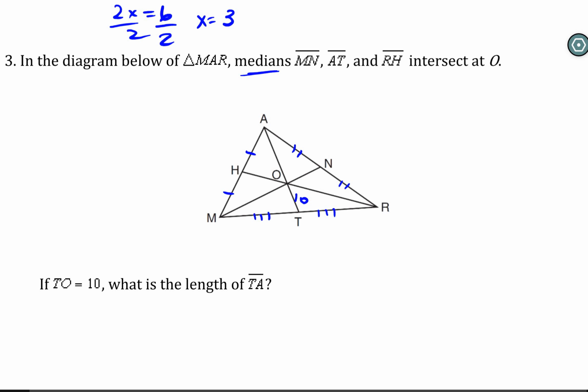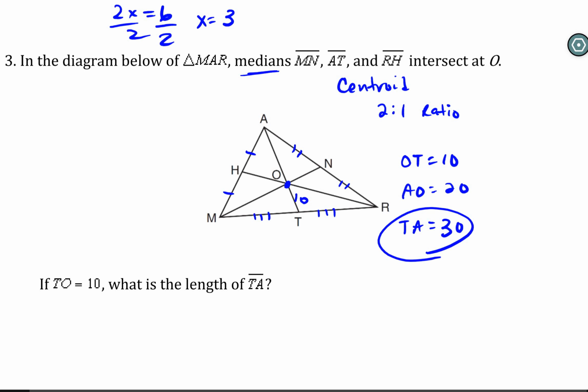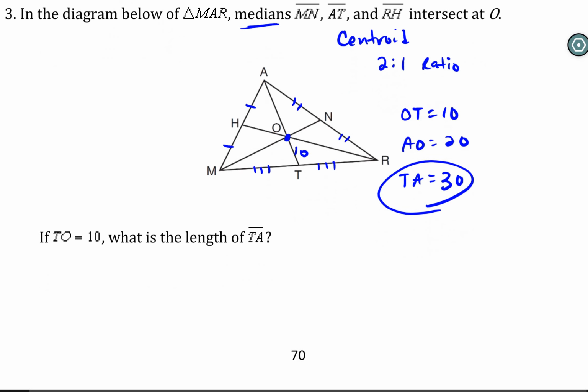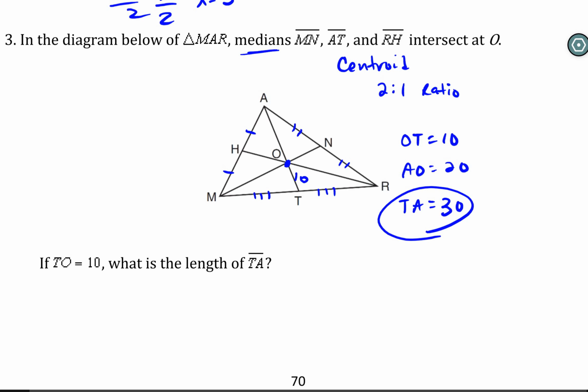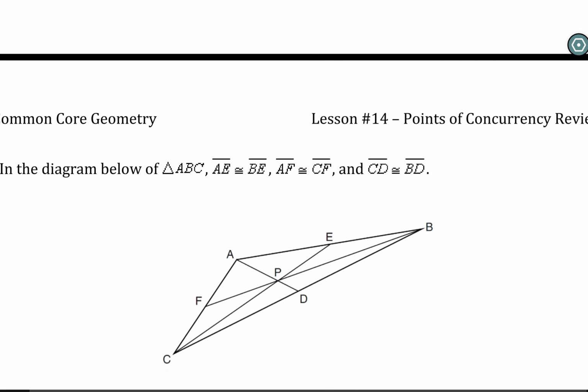Well, if TO is 10, I know because of the medians, this is the centroid, meaning we have that 2-to-1 ratio. So if OT equals 10, that means AO equals 20. So in total, TA, the whole length, must be 30. That was a Regents question. It was a multiple choice question.